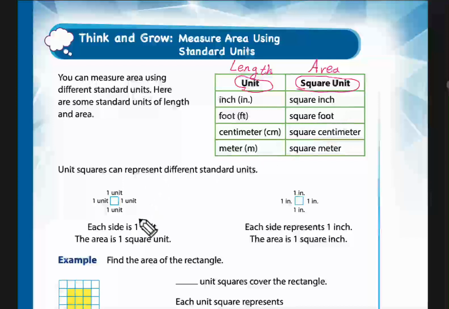Okay, let me show you the difference here. Unit squares can represent different standard units. Look at this one on the left. I'll use another color here to make sure that you see it. Each side is 1 unit, so the area is 1 square unit. But look at the one to the right.